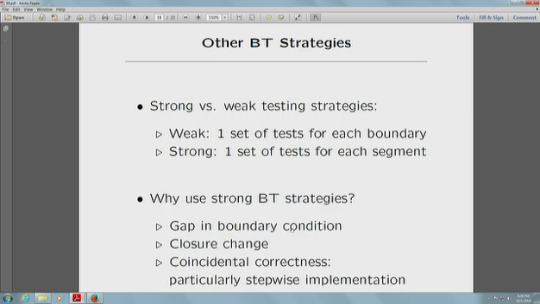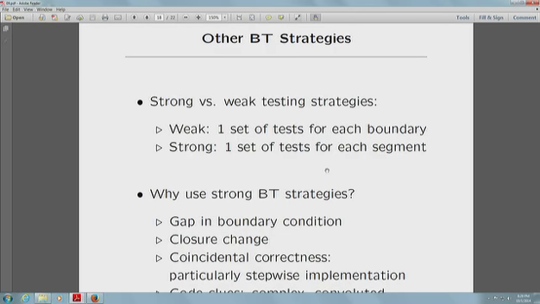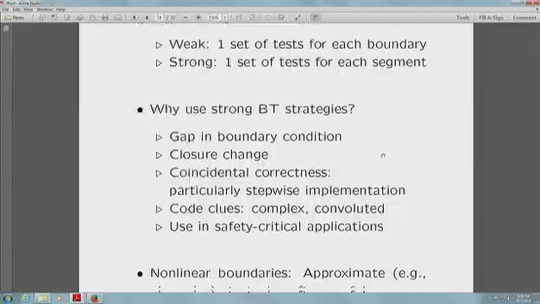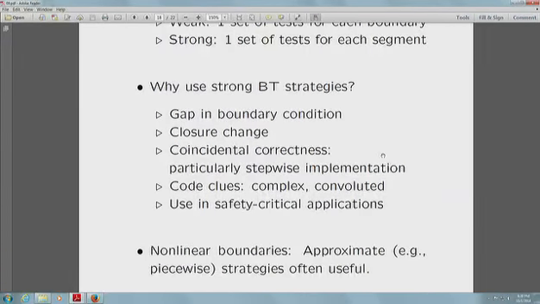In that case, you might want to have multiple sets of points. That's when you have the so-called strong strategy. Instead of one set of points for each boundary segment, you use multiple sets, so that when you have closure changes, gaps and inconsistencies on the boundaries, you can use that strategy.